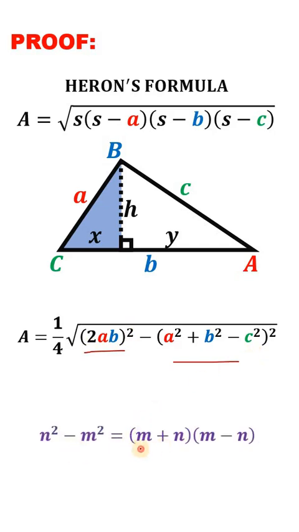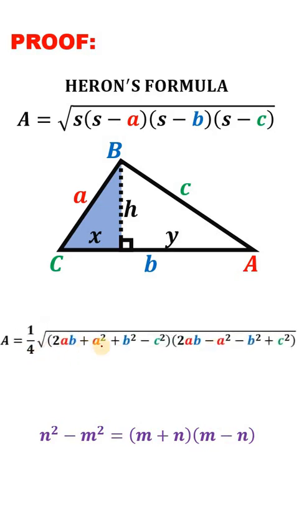Because we can factor this out as follows, m plus n multiplied by m minus n. So, we can factor this as follows. We have 2ab plus a squared plus b squared minus c squared, multiplied by 2ab minus a squared minus b squared plus c squared.